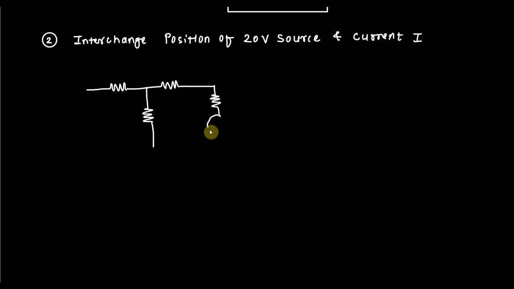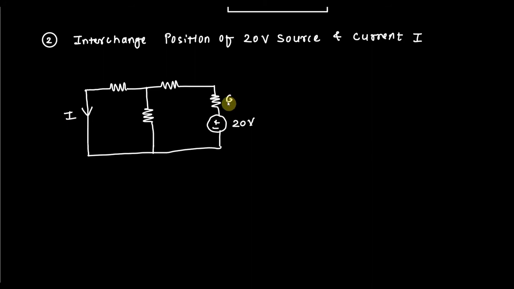So now here we will get the voltage source, right? And here there is a current. So we have interchanged the position of this voltage source. Okay, so this will be plus minus 20 volt, so come here, and this current will come here.